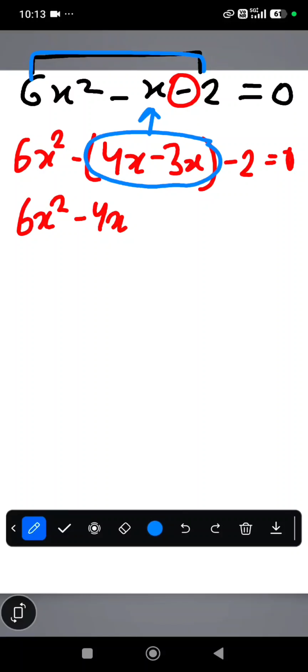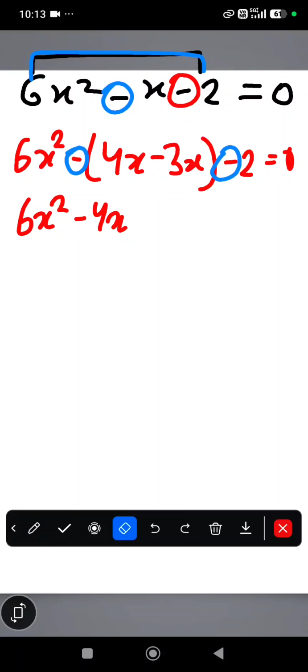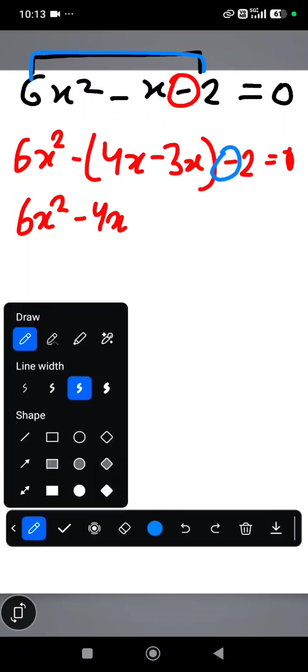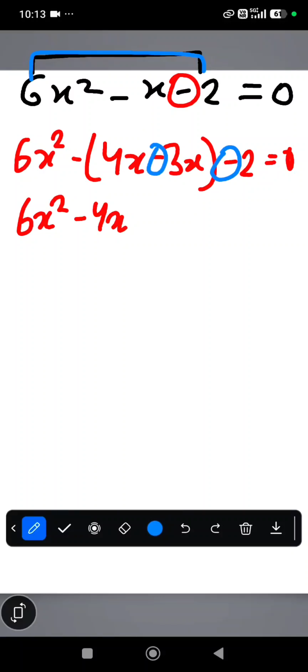This sign is only for deciding whether we take the difference or the addition; that's it.